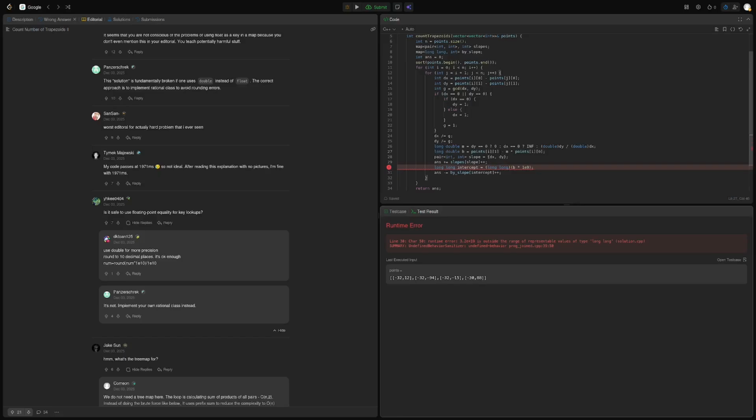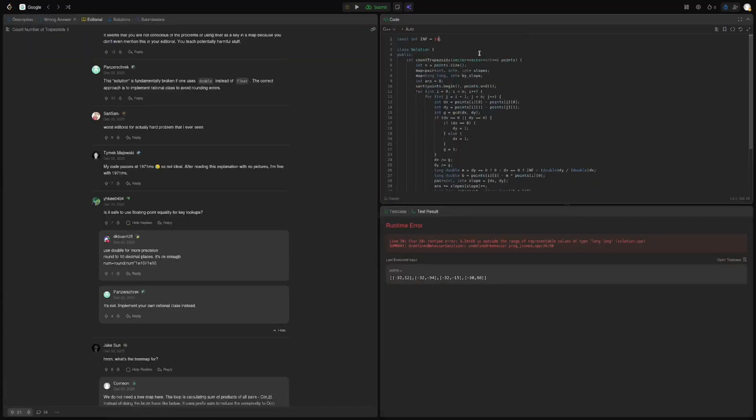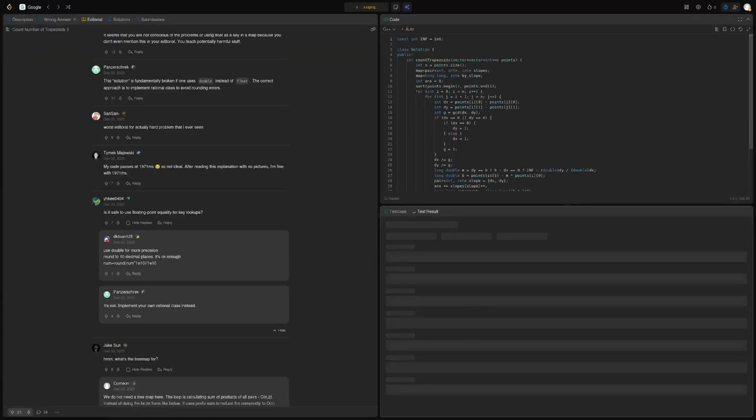How is that possible? Oh, because slope can be infinity. So what's the intercept then, if it's a vertical line? Let's do this. So instead of 1e9, let's do 1e6. Who cares?